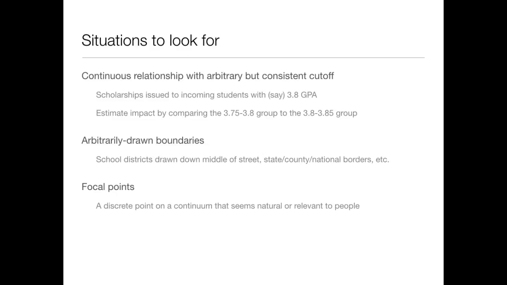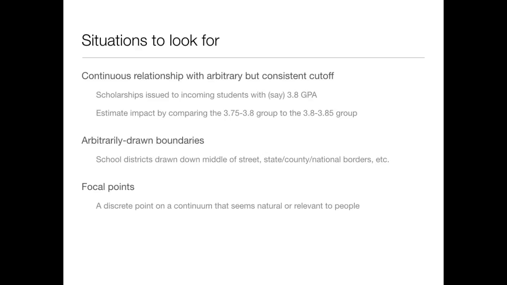Let's say you're looking at a university that issues scholarships to any incoming high school student with a grade point average above 3.8, but doesn't issue them to students with a 3.7999, right? And you want to understand what the impact of getting a scholarship is. Well, the folks with 3.75 to 3.8 GPAs are probably a lot like the folks with 3.8 to 3.85 GPAs, except that the second group got scholarships and the first group didn't.